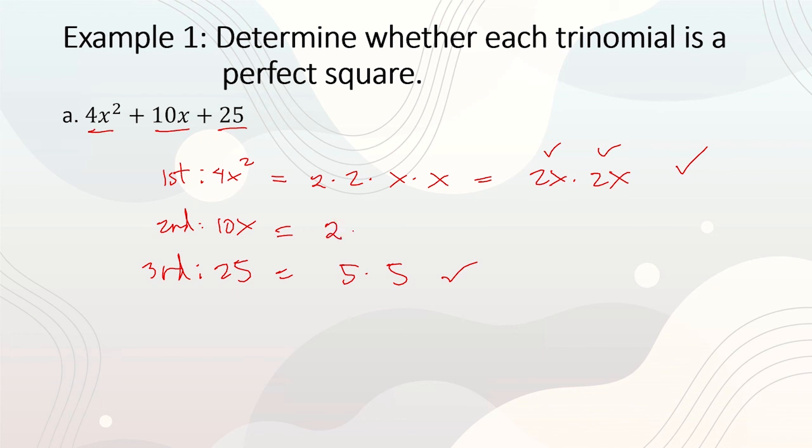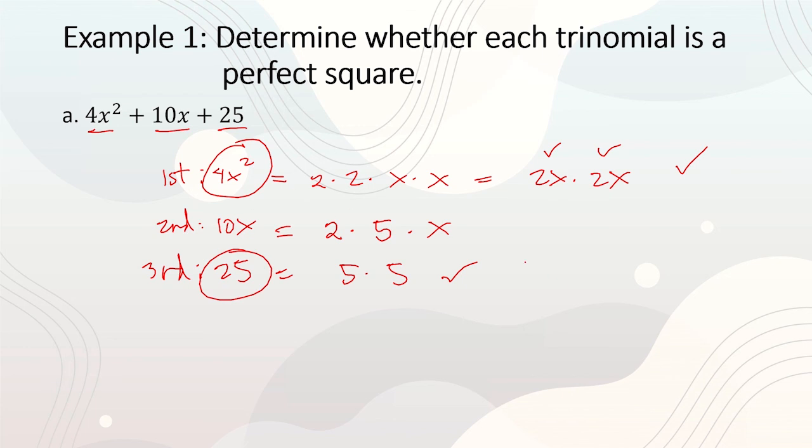So you can factor out the 2 because it is necessary that there is a factor of 2 out from it. So if you factor out 2 from 10, you'll have 5. Then you have x. So if you get the square root of the first term, 4x squared, that would be 2x. The square root of 25 is 5.